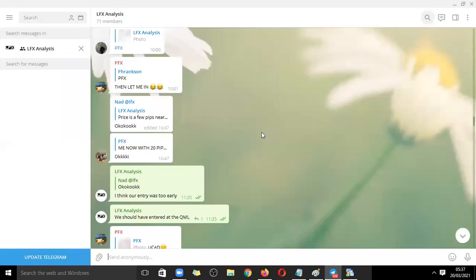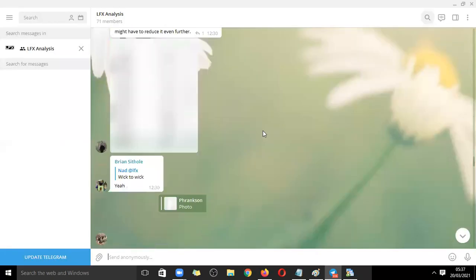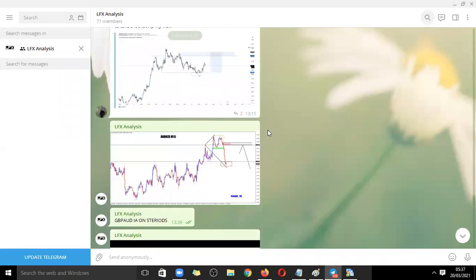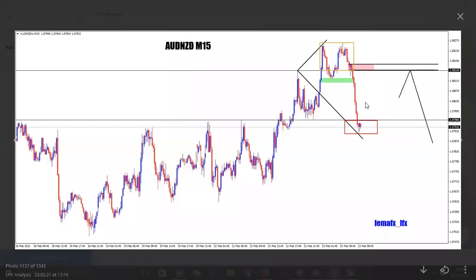Australian New Zealand. Yeah, the setup was here. So now this was the setup before the event occurred. As you can see, we didn't have a clear compression. So what price did, it just went up, triggered the unfilled orders, and then dropped after the event, the interest rate event.